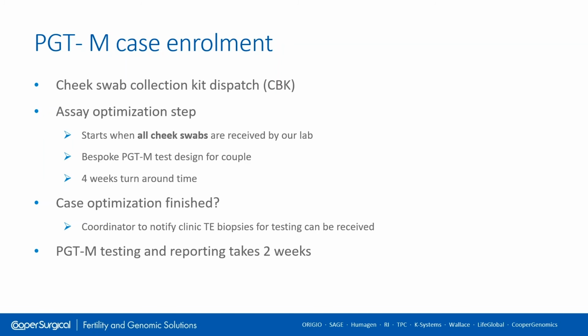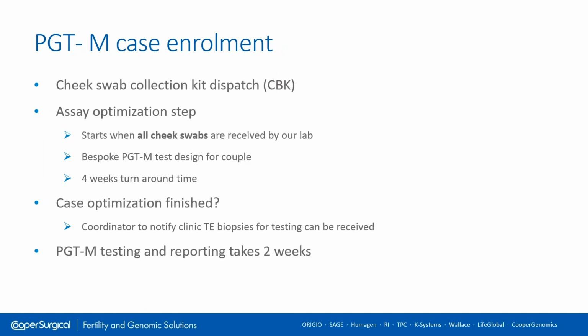So the whole case enrollment process, from the moment that we receive mutation reports up to the stage that we notify you that the case optimization has been finished, usually takes a minimum of 8 weeks.